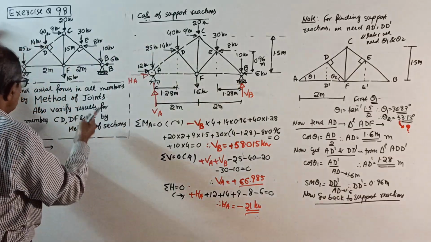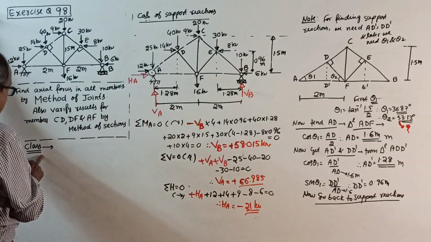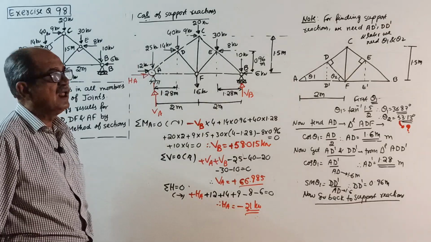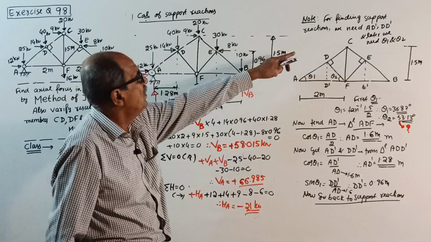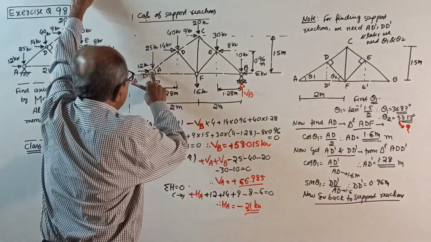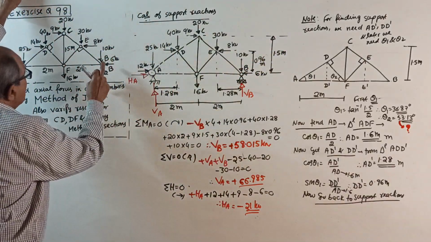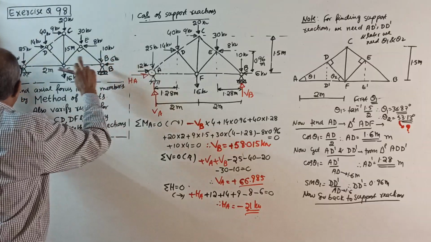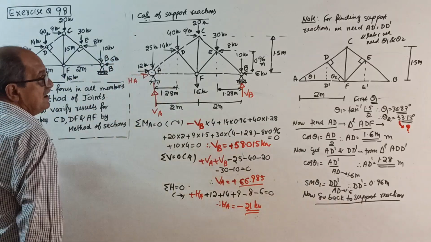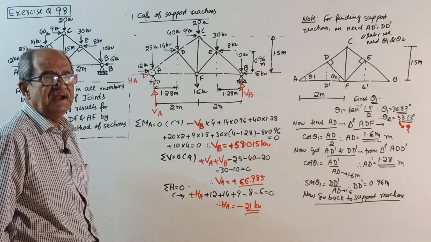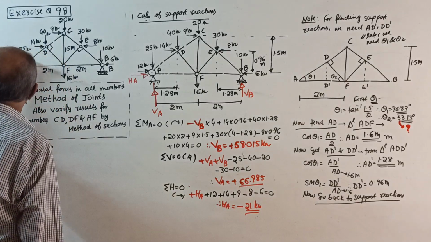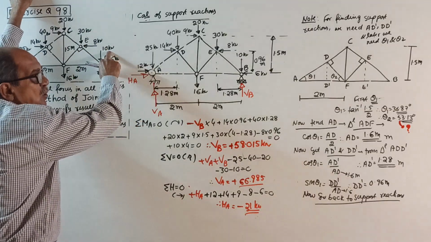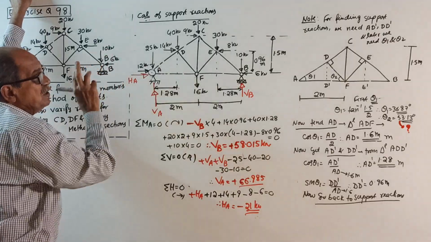Okay, now the question is written here. Read it. This type of question I have already told earlier. For finding the support reaction, see here: at the support also, some forces are given. 6 and 10 at B, 25 and 12 at A. If you know the subject correctly, this 25 and 12 you can ignore, and 10 also you can ignore, but 6 you cannot ignore.